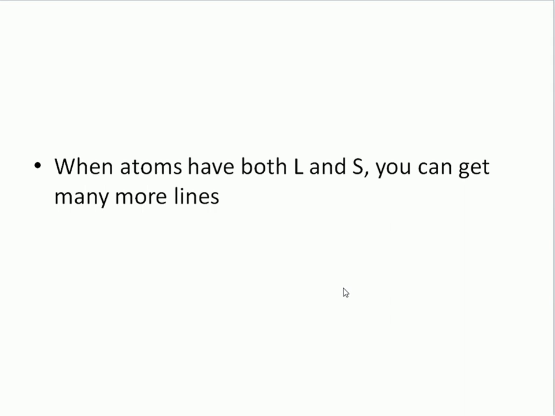Another point I should make: we've talked about silver, and I also talked about cadmium having no lines. There are lots of atoms where the electrons will have both orbital angular momentum, if they're in a p or a d orbital, and spin angular momentum. And in those cases, you can get many more lines showing up in the Stern-Gerlach experiment.